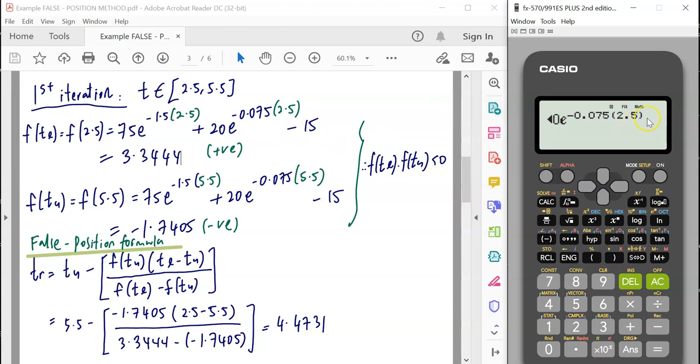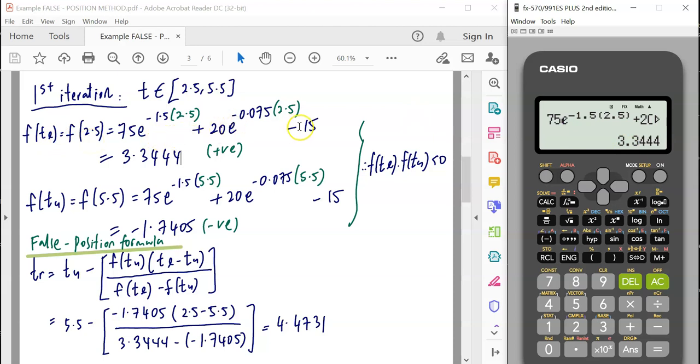Again, this is in superscript, so we press the right arrow button. Then we press minus and then 15. Please make sure you insert the correct equation. Then after that, you press equal. You can see that your calculator gives you the value for f(TL) when TL is 2.5.